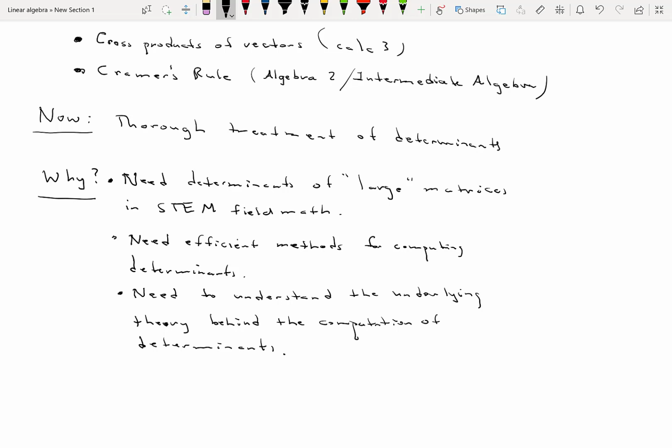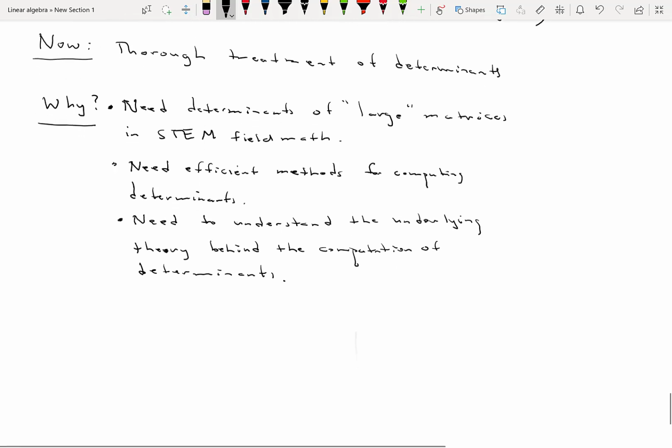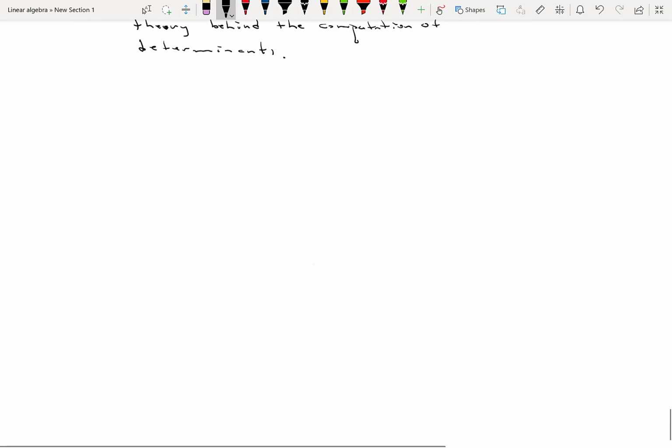And in order to code a computer language, an understanding of the theory of how determinants behave or how they're computed needs to be understood. Okay, so with that, let's go ahead and study determinants.